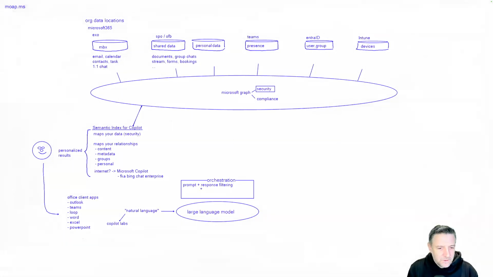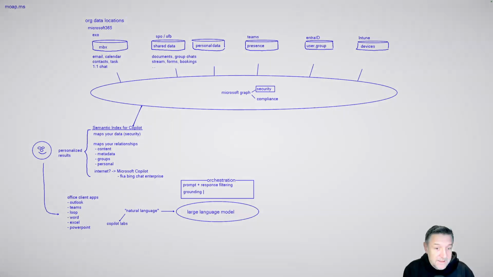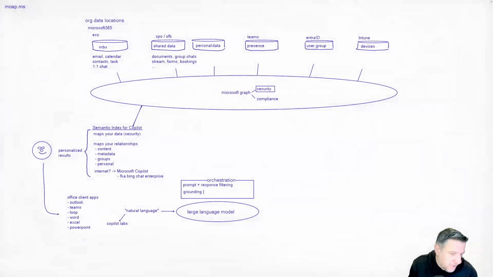Then another important component that is part of the orchestration part is the grounding component. The grounding component is basically going to take the data that we get back from the index, from the actual content that has been indexed, and build it into a piece of text that makes sense to a person. It's going to make a little story about that, and we provide that information into the large language model.